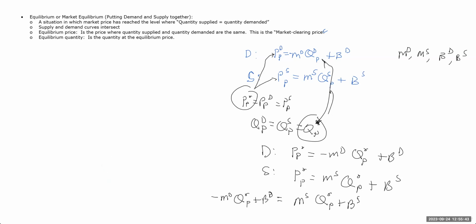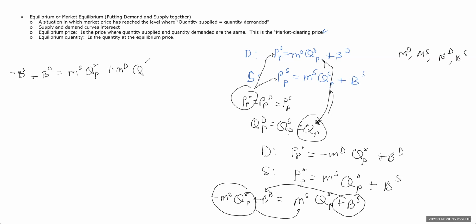What I'm going to do is put this on this side of the equation and this on this side, and we have the following: minus B_S plus B_D is equal to M_S Q star plus M_D Q star.